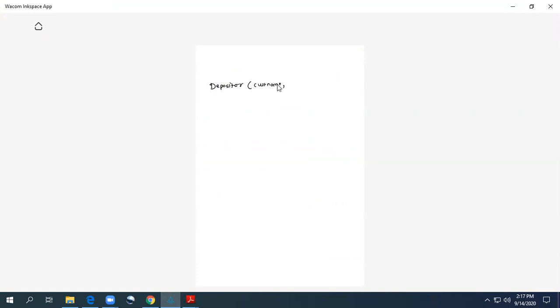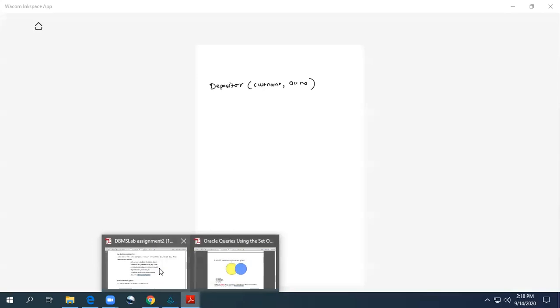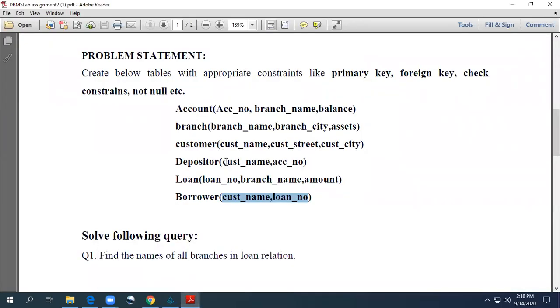This problem statement we have taken from the Korth book, right? These are the field names and table names given in that book, and we are referring to them as they are. So instead of customer ID, they have given customer name as the primary key, right? And in borrower, customer name and loan number.